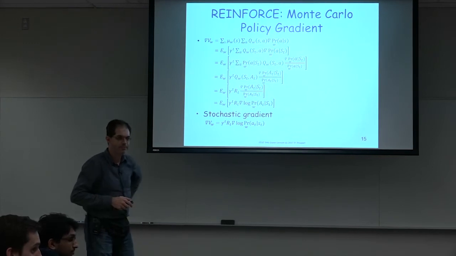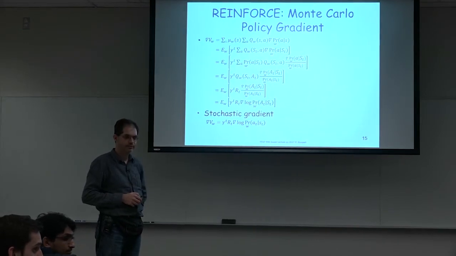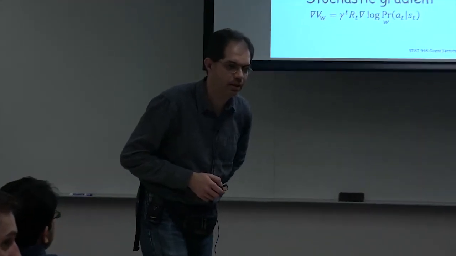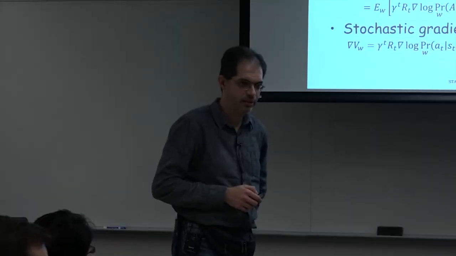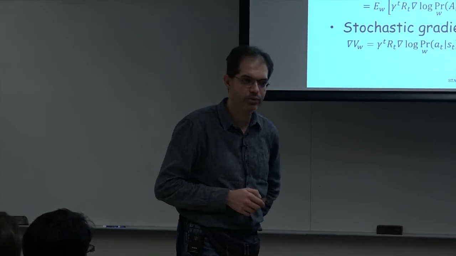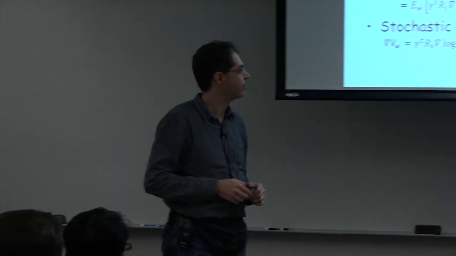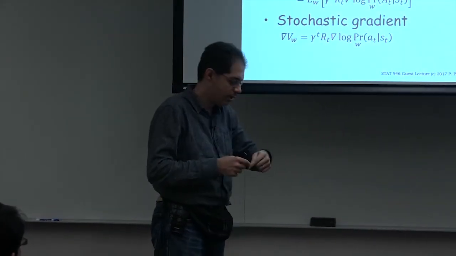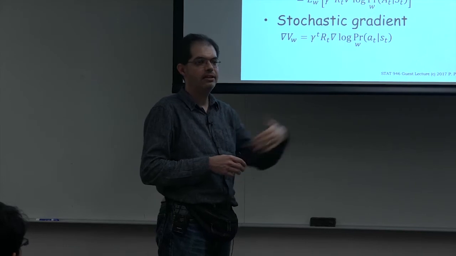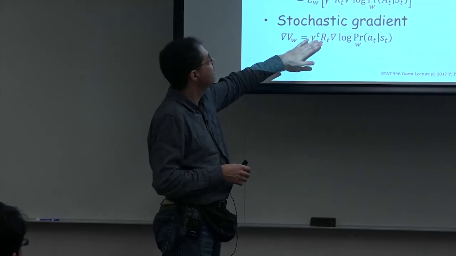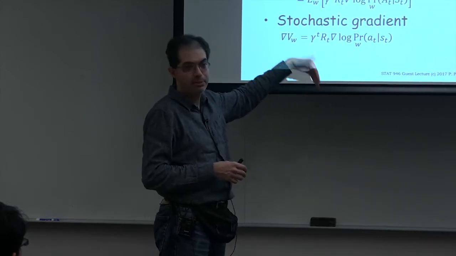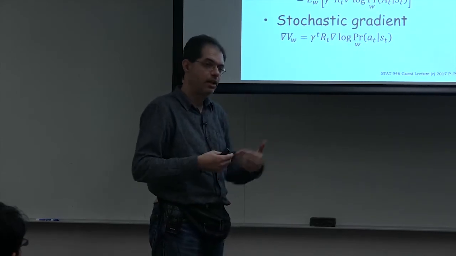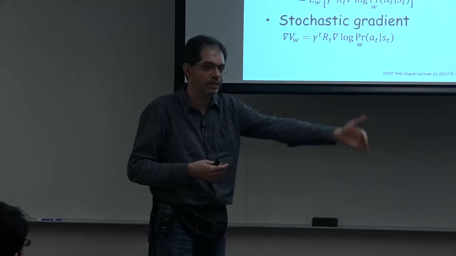Yes? This stochastic gradient cannot be applied online? For example, after each step in a trajectory, we want to update. Sure, you can do that. Oh, okay, right. Here R_T is the sum of all the rewards we would get till the end of the horizon. So this would work in the context of episodic problems, where, for instance, in the case of games, this would be the sum of the rewards till the end of the game.